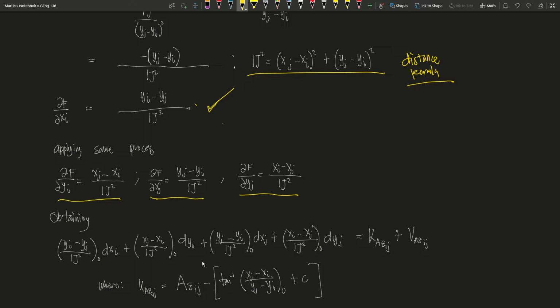So we have k not, and k not is equal to k. So k here is your observed azimuth minus the approximate azimuth angle. So it's the same with distance, right?